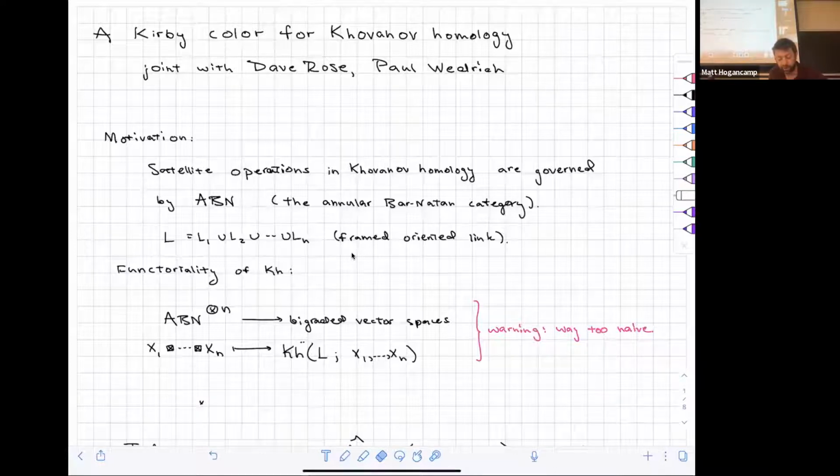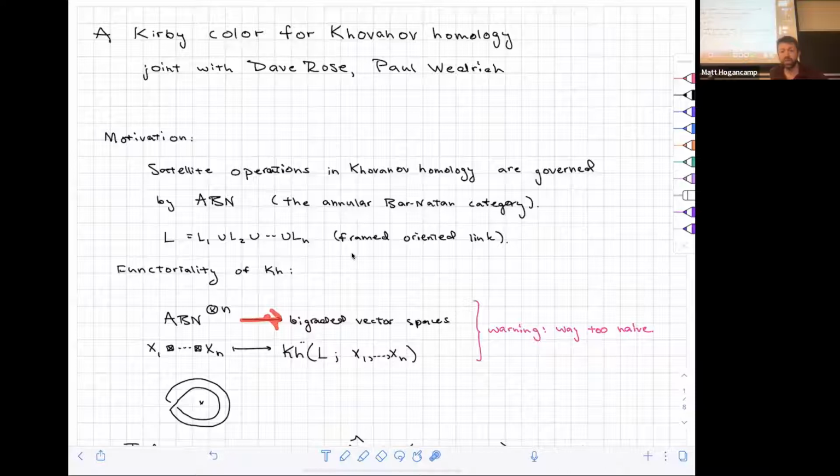For example, instead of doing a trivial cable, we might do a trivial cable with a twist. The only way we can understand this in the annular Bar-Natan category is as a chain complex of objects in the annular Bar-Natan category. When we map it over using the functoriality of Khovanov homology, we get a complex of bigraded vector spaces.